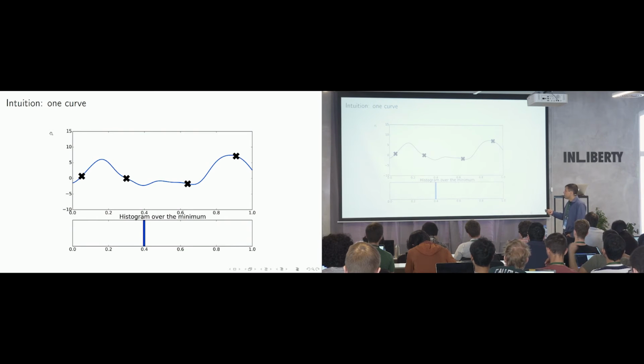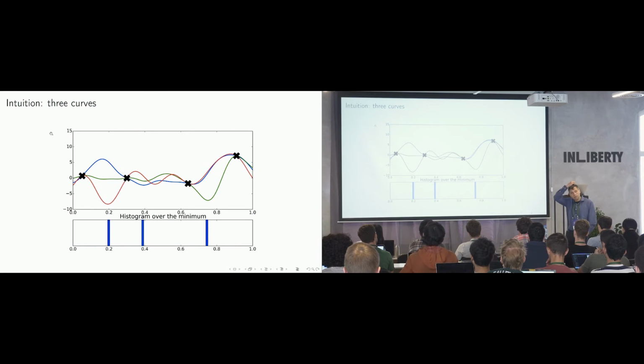Well, in principle, the function can go through these points like this. And in this case, the actual position of the minimal value of the function is here. But at the same time, it could be other functions with such observed points. And so for these possible trajectories, positions of their minimal values are here and here.